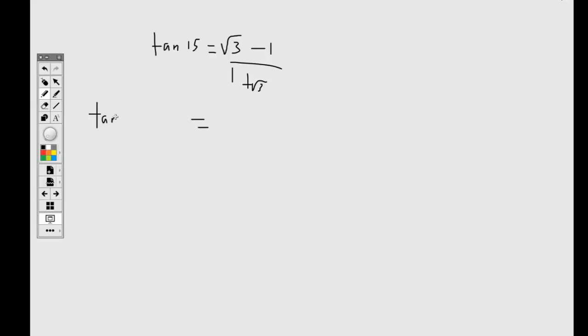Either we add or subtract to get 15, and I can use tan 45 minus 30. So use two numbers that when you add or subtract, you will get the number that I have here, which is 15.